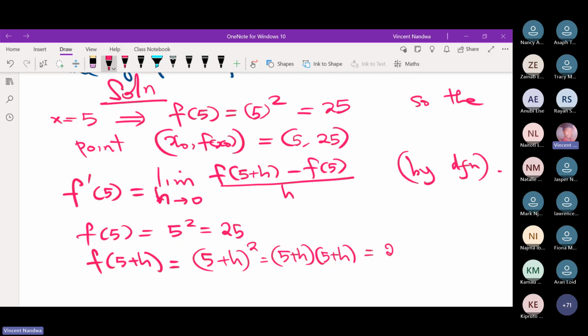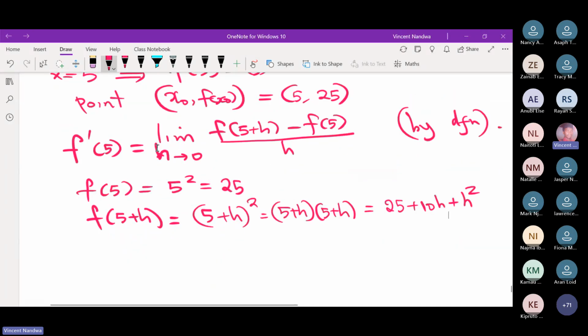So we'll have 25 plus 10h plus h squared. Or you can do the long way as 5h plus 5h, then plus h squared. You get 25 plus 10h plus h squared.